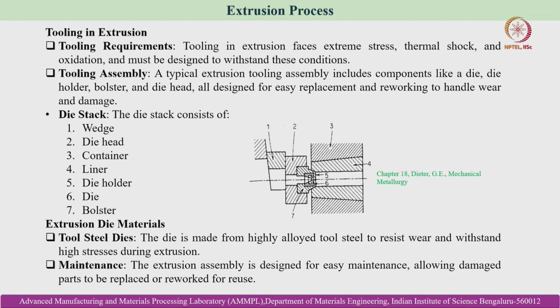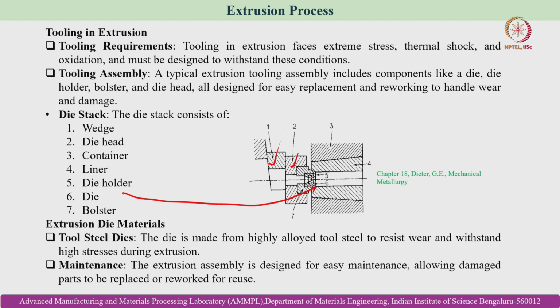And the die stack. The die stack consists of number 1, the wedge, and 2, the die head. Number 3 is the container, and 4 is the liner. Then there are the die holder, and the die itself, which is marked as number 6, and the bolster.